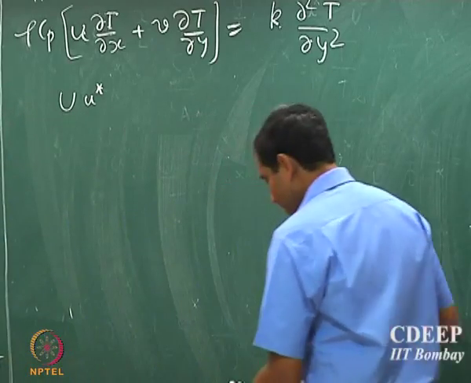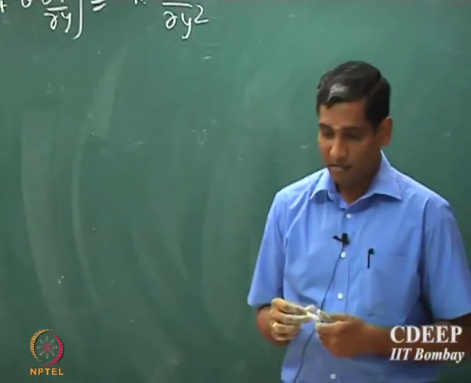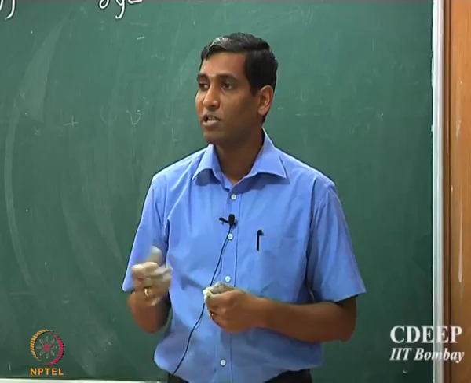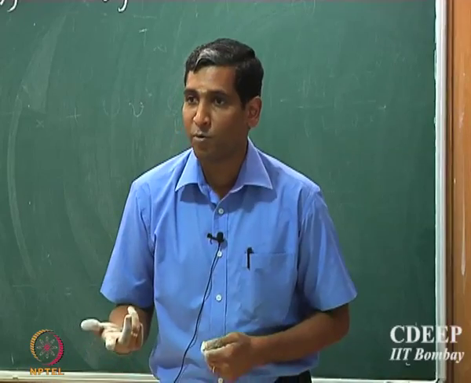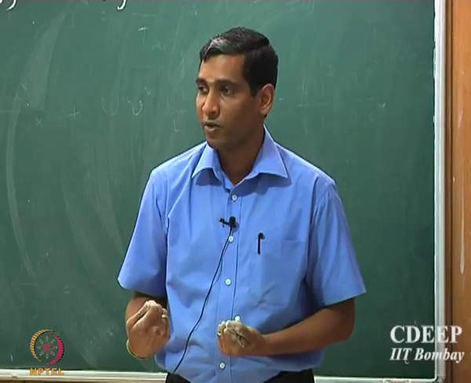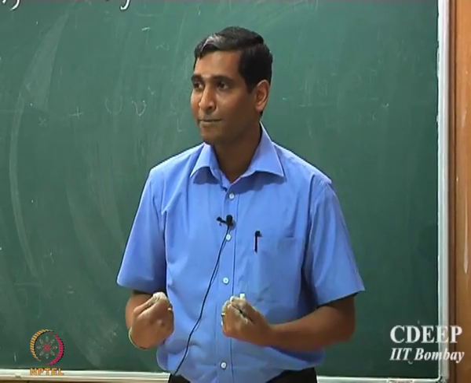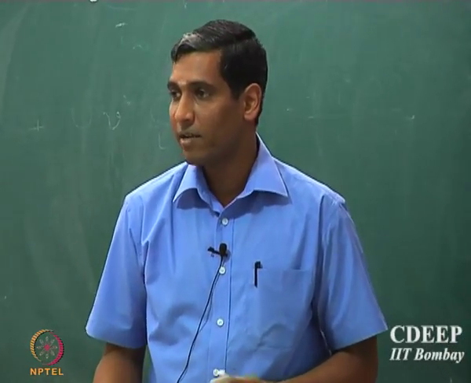Now I said that we scale it with T infinity, but remember when we actually wrote the heat transport coefficient, we said that it is always a function of the temperature of the surface. So now it is better to incorporate the temperature of the surface also in the scaling, okay.